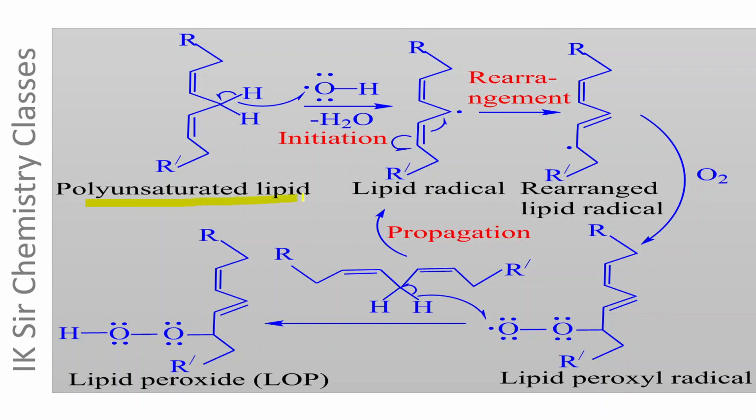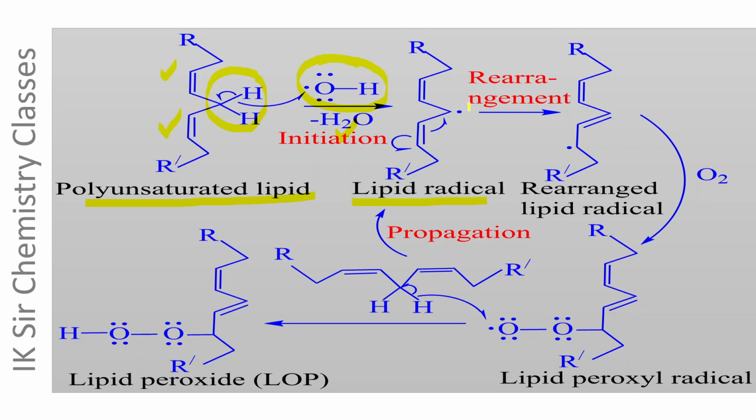Polyunsaturated lipid, which constitutes our cell membrane, has two double bonds, and this is a methylene group attached to two carbon-carbon double bonds. Hydroxyl free radical abstracts this hydrogen atom along with electron with the elimination of H2O molecule. It results in the formation of lipid radical.